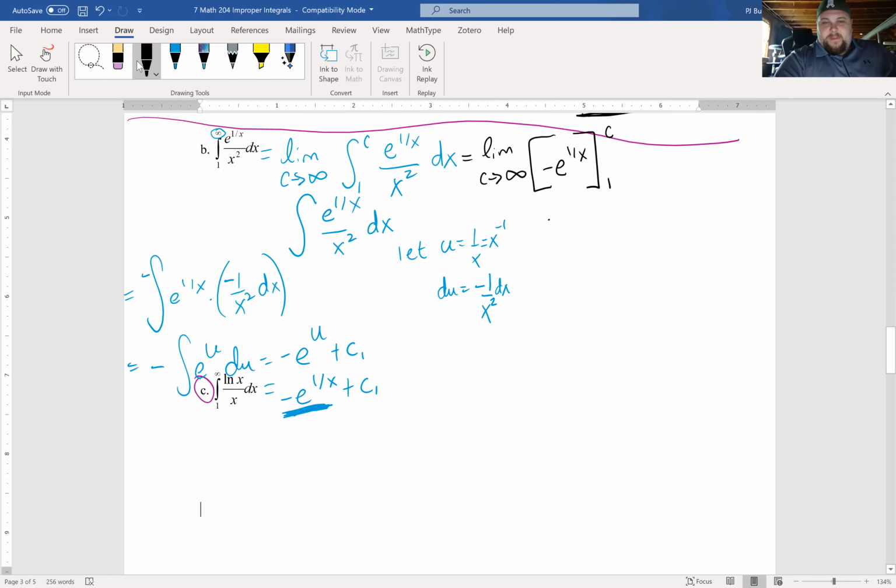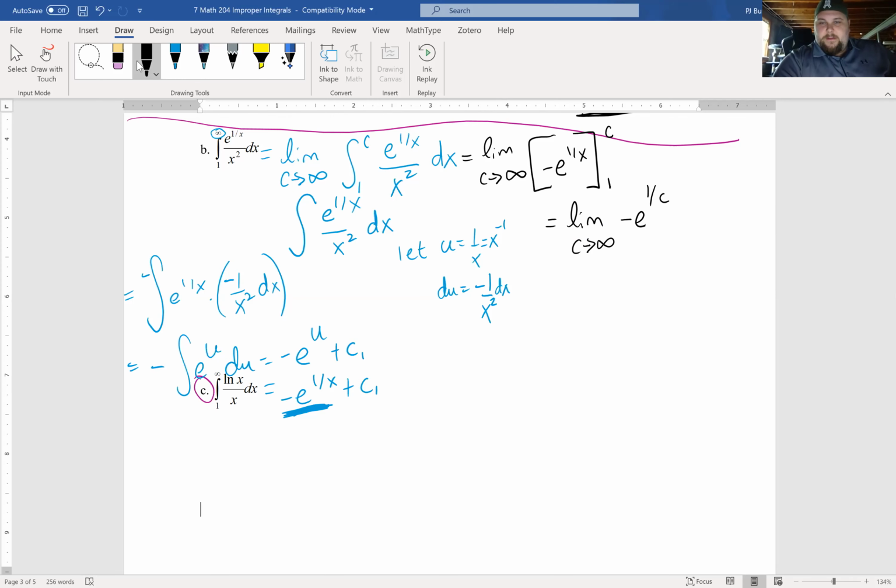So that is going to be the limit as c approaches infinity. Ooh, that looks terrible. Of minus e to the 1 over c. And then we always subtract the lower bound.